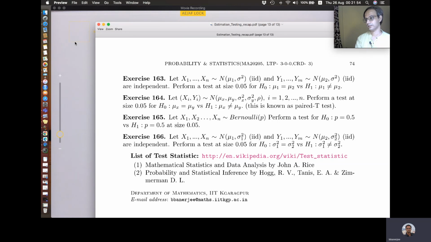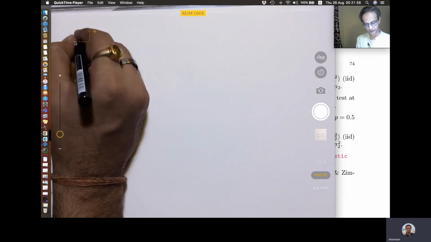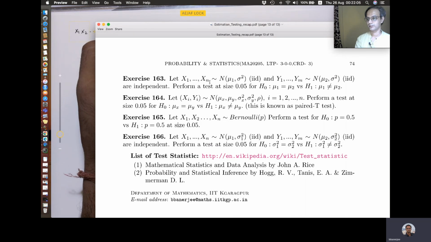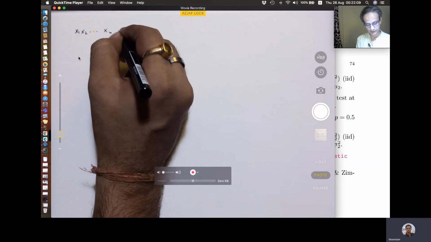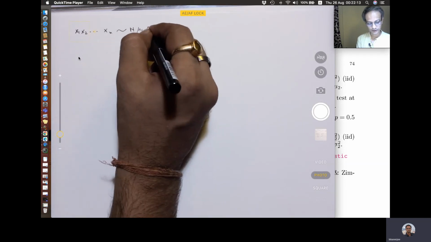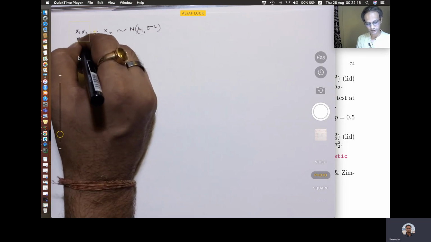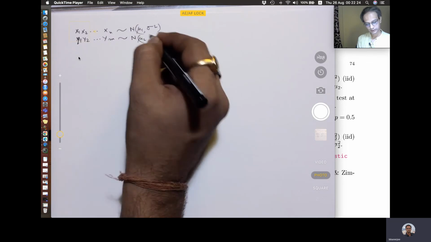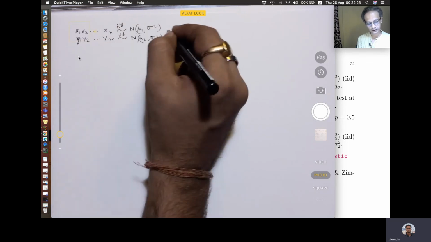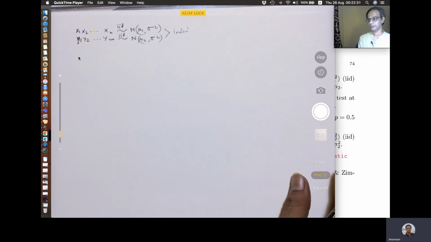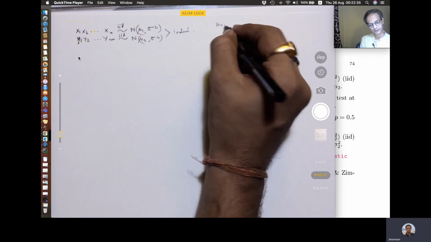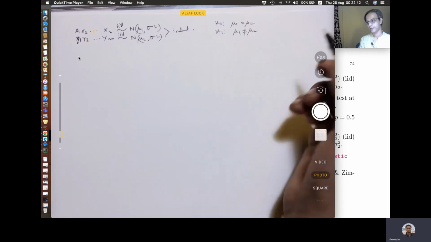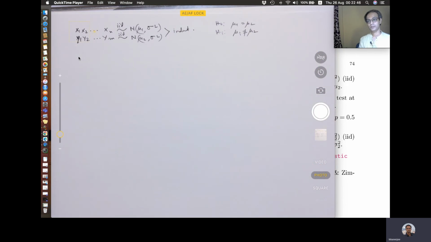Here, exercise 163: x1, x2, xn are IID normal mu1 sigma square, y1, y2, yn are IID normal mu2 sigma square, and they are also independent. But your H0 is claiming mu1 equals mu2 and H1 is claiming mu1 not equal to mu2. Now sigma square is common and unknown.